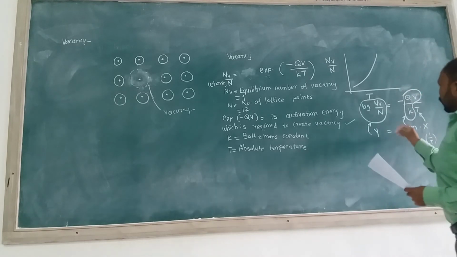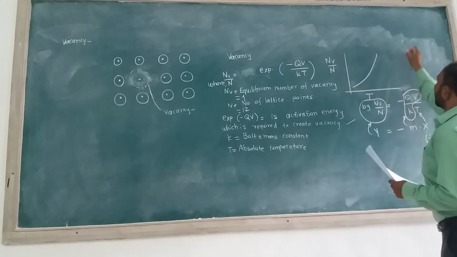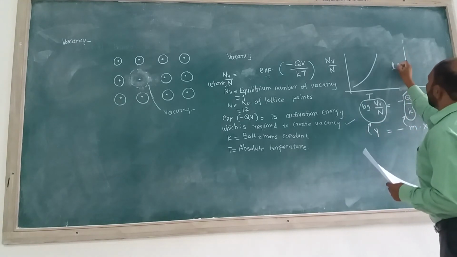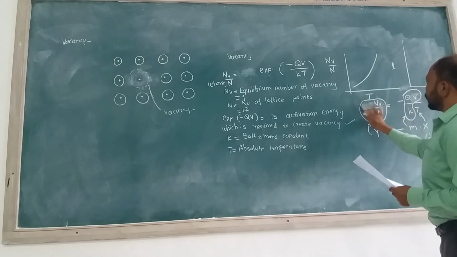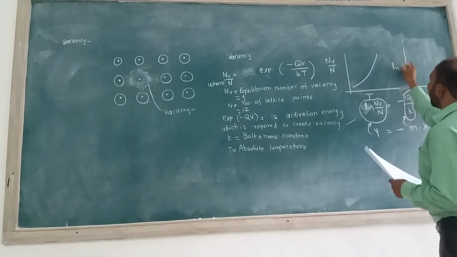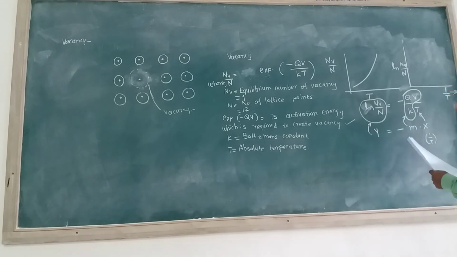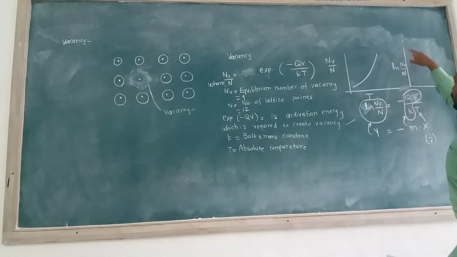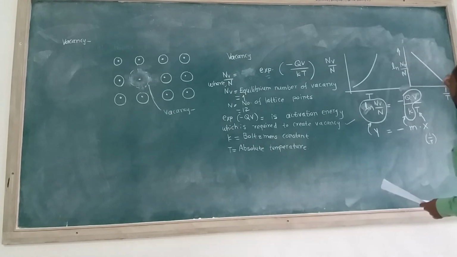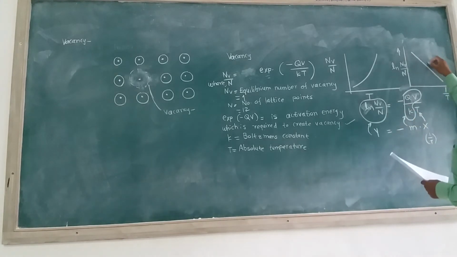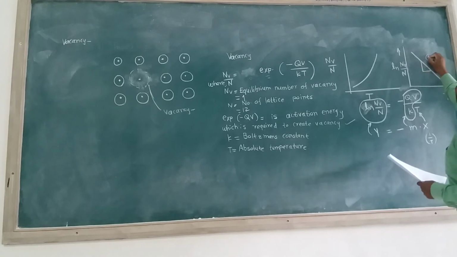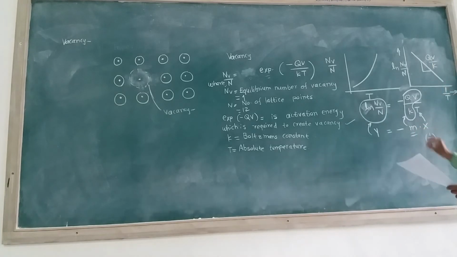If we plot the curve, the y axis is the log (ln) of NV upon N, and the x axis is 1 upon T. The line becomes a straight line, and the slope becomes Q_V upon K. This is nothing but the m value.